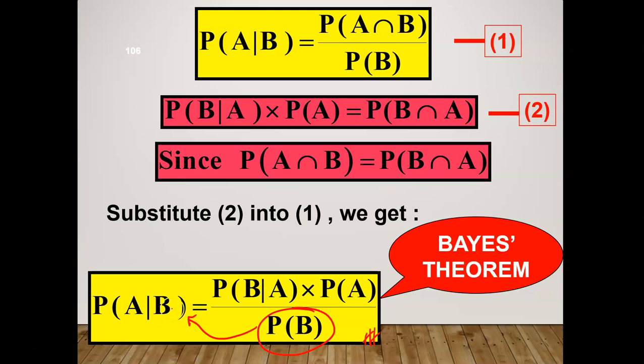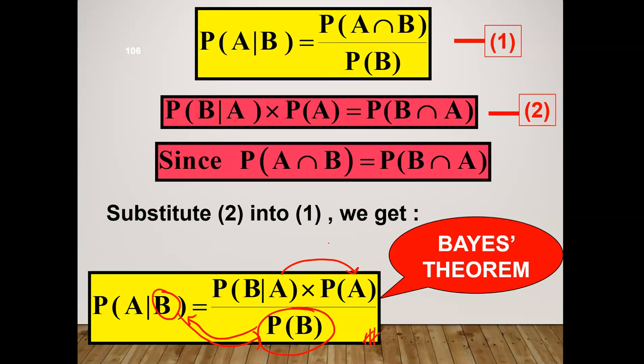So how can you memorize this theorem? For P(A given B), the probability of B is at the denominator. The first term will be the reverse of A given B, so you will get B given A, followed by P(A). Very easy to remember.